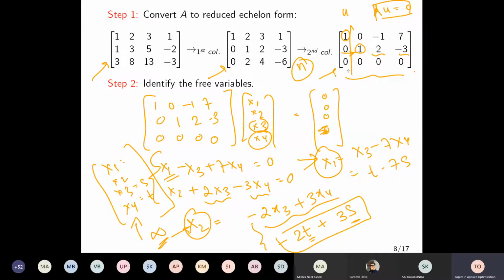At most I will need n row operations, and the operations will be n square, because I'm nullifying this, and nullifying this, and nullifying this. So total operations you can wrap up at n square, and after that the easy part is the free variable choice. I'm not saying this in terms of NP hardness, just from the calculation point of view, and you can wrap up in around n square. So it's not really too much.